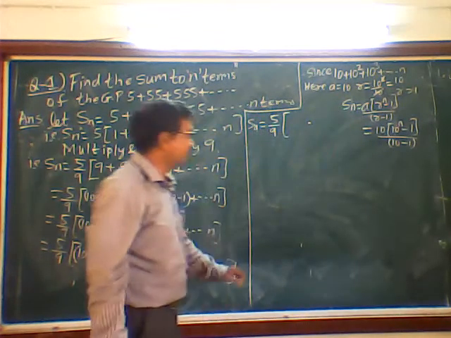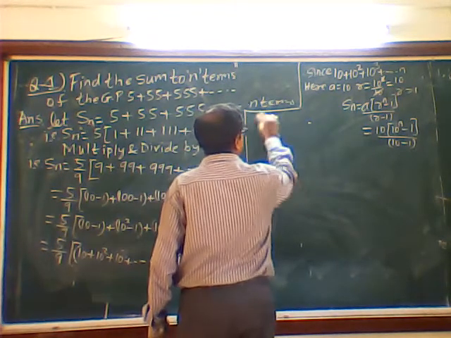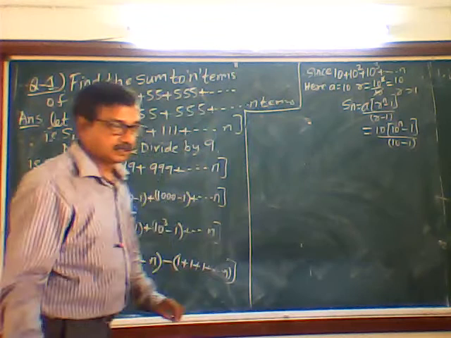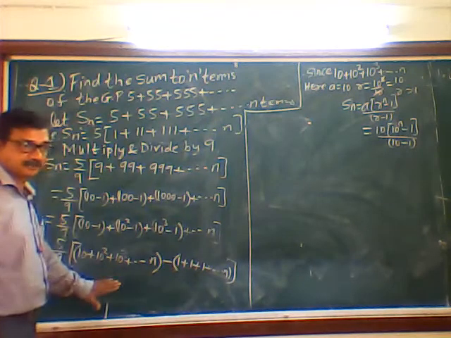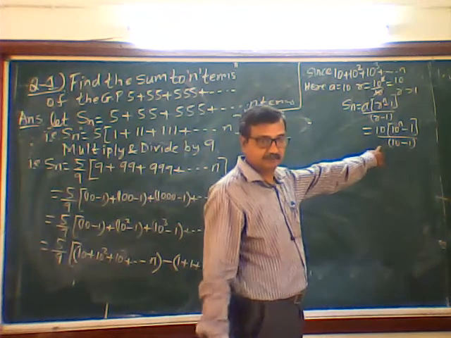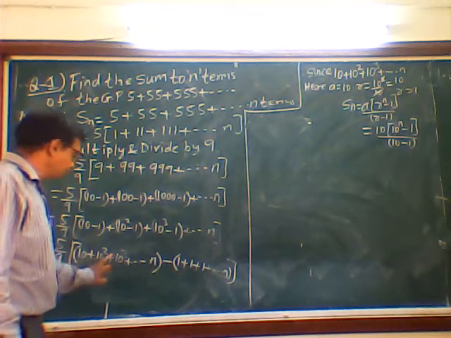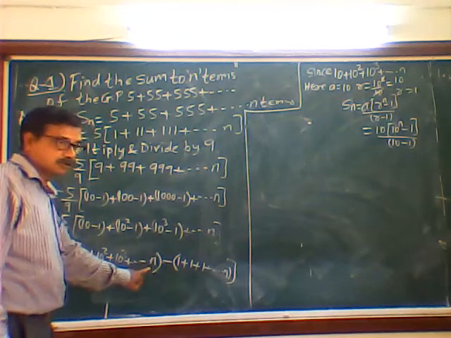Now I have to start the problem from here again. This portion I have shown you how it has come, by writing this series 10 plus 10 square plus 10 cube plus dot n.